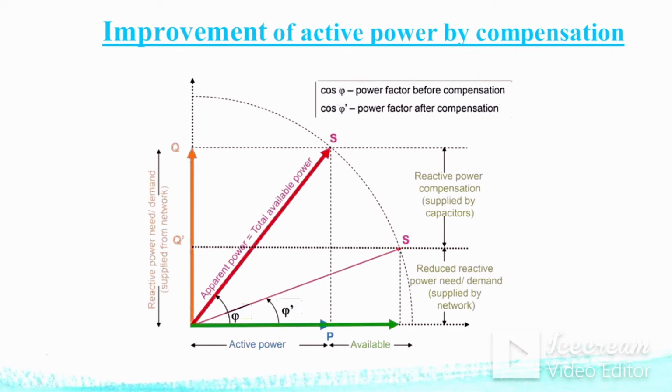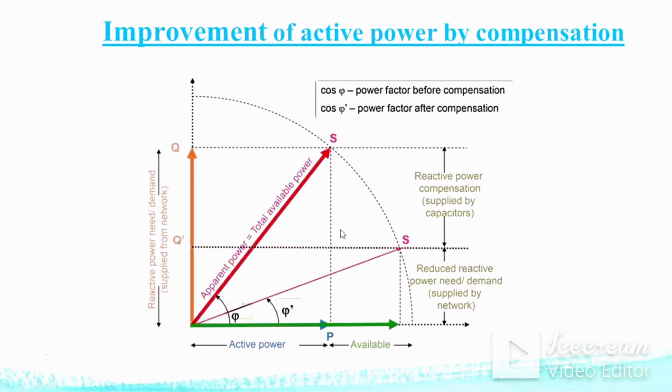Now, through this slide, we are going to see how there is a change in the power factor angle when the reactive power is compensated using certain compensation techniques. Here, one of the techniques we are using is applying capacitors in the power system network to satisfy the reactive power demand.